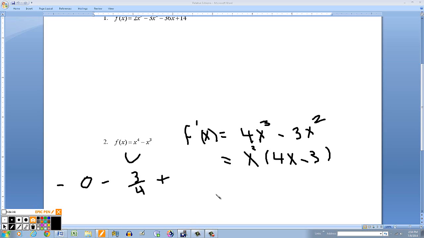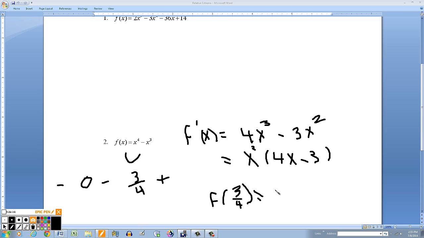So then I'm just going to say f of 3/4 is equal to, and again that's just plugging 3/4 into the original function, 3/4 to the 4th power minus 3/4 to the 3rd power, and then you subtract those, or use your calculator, or use the graph.